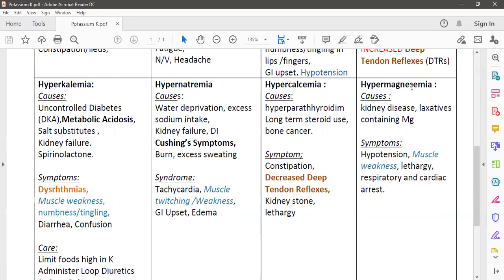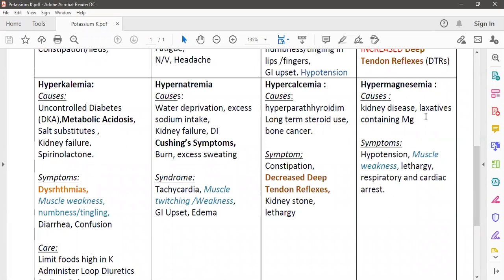The most common conditions that cause hypermagnesemia are renal impairment or kidney disease, or if the patient has uncontrolled diabetes mellitus or DKA, or dehydration, or laxatives containing magnesium. Sometimes we give magnesium for constipation, and magnesium increases and causes hypermagnesemia.